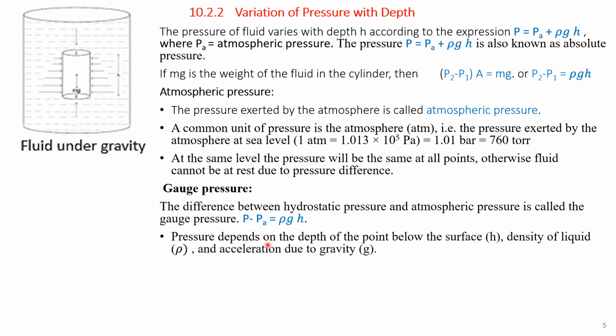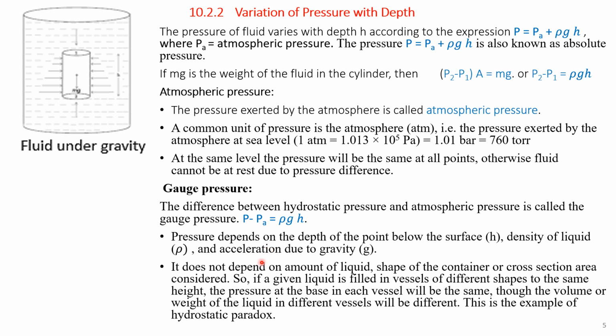Therefore, the pressure depends on the depth h of the point, the density of the liquid rho, and the acceleration due to gravity g. The gauge pressure does not depend on the amount of liquid, the shape of the container or the cross-section area considered.